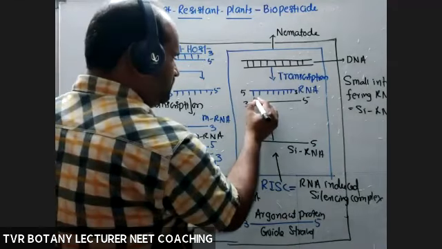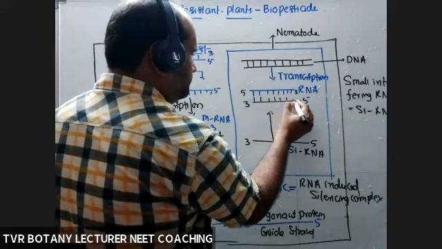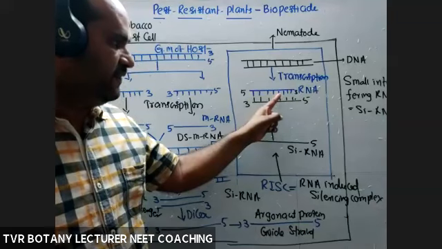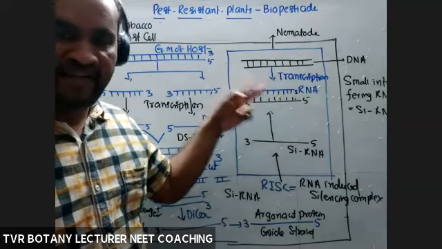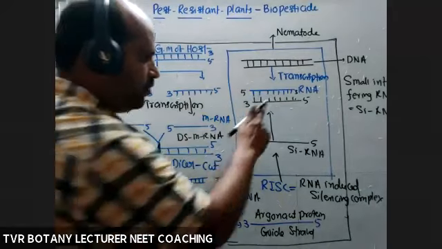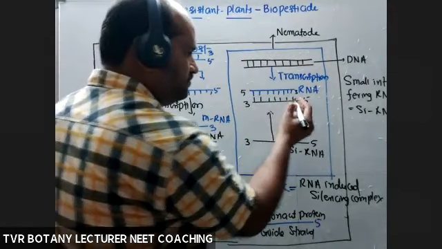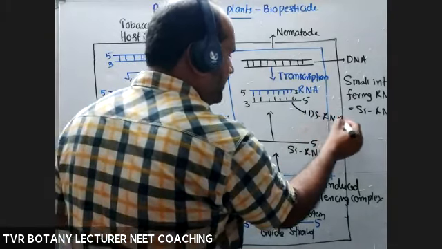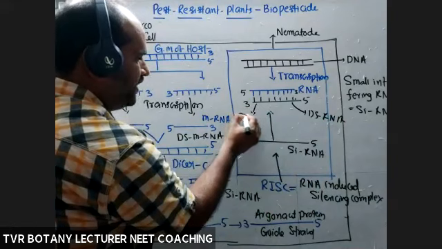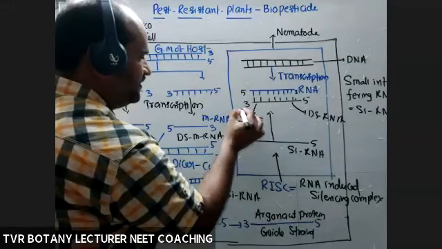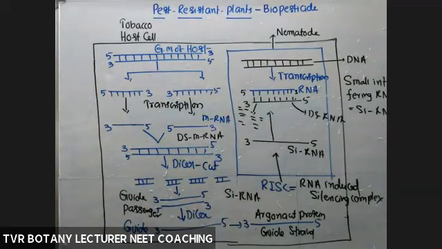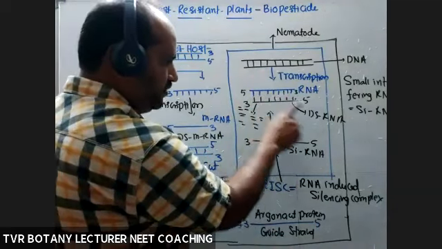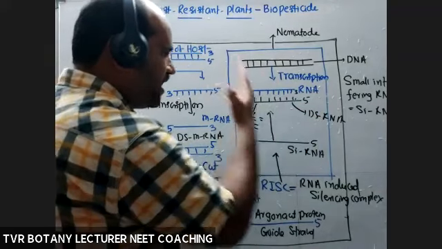So this mRNA is converted to either double-stranded dsRNA or cleaved into a number of fragments, dismantled, rendering it non-functional. Both are possible.